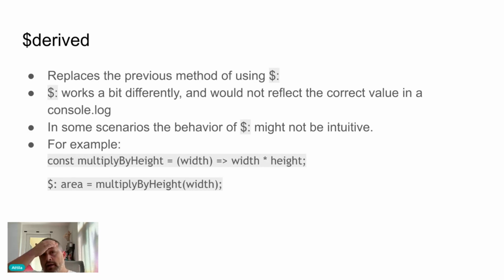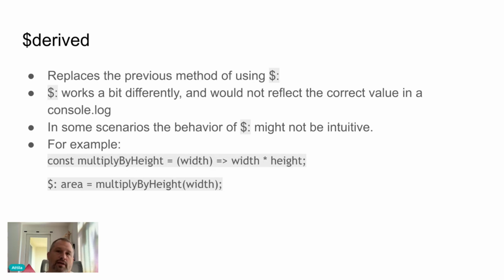There are also some scenarios with the $: syntax where it might not be really clear how it works or why. So I have an inline example on this slide where I have a function called multiplyByHeight. It takes a single parameter of width, and it's multiplying width by height.